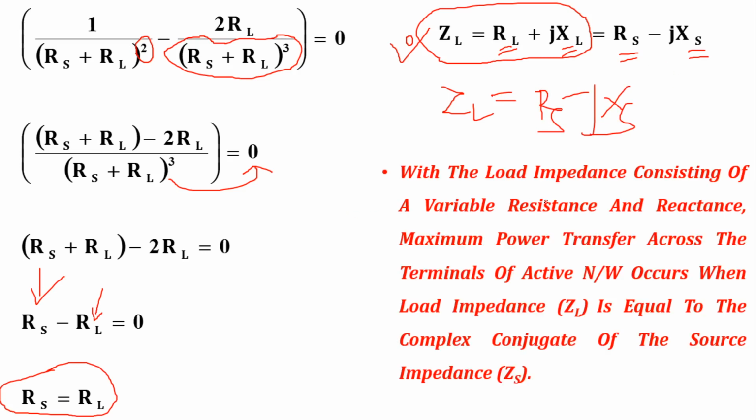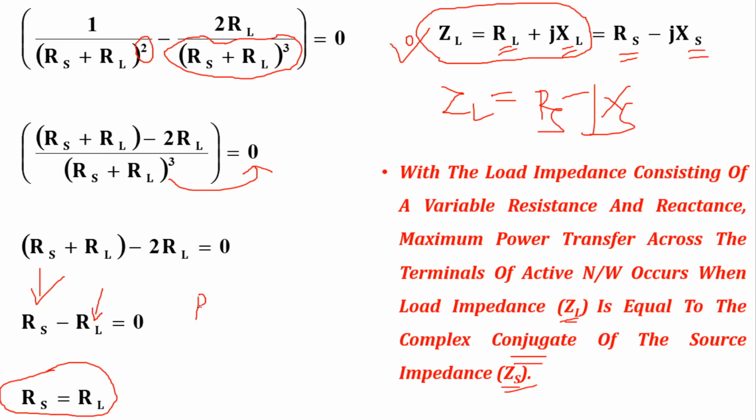So we can say that with a load impedance consisting of variable resistance and variable reactance, the maximum power transfer across the terminals of an active network will occur when the load impedance is equal to the complex conjugate of the source impedance. So ZL should be equal to ZS, but they are complex conjugates of each other.